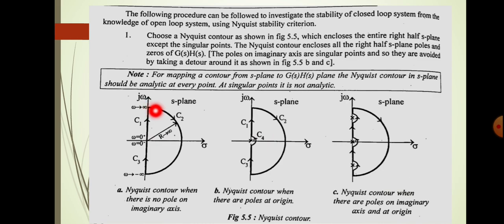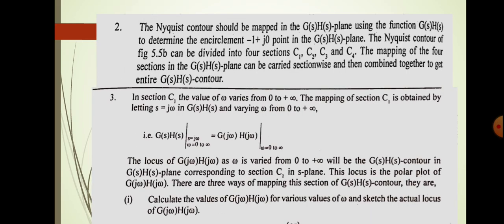That means we have to map every point on this contour to another plane, that of G(s) H(s), such that we will get a G(s) H(s) contour. So in the second step, the Nyquist contour should be mapped in the G(s) H(s) plane using the function G(s) H(s). We do this in order to determine the encirclement of the minus 1 plus j0 point in the G(s) H(s) plane.